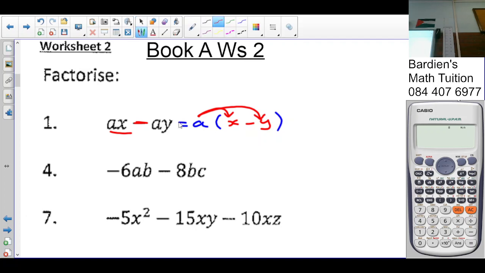Right, let's look at number 4. What is common here? Okay, so make a note next to this one. Whenever the first term has a negative, factorize the negative as part of the common factor. So if the first term is negative, the negative will be part of the common factor.